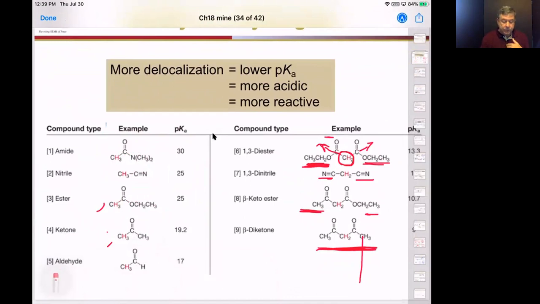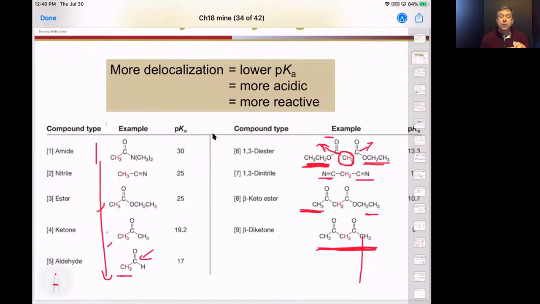So that's why we have this trend going from this amide all the way down to the aldehyde as it gets more and more acidic, because there's more partial positive charge on this carbonyl. There are fewer things donating electrons to that carbonyl that would detract from it pulling electron density away from this methyl group here.